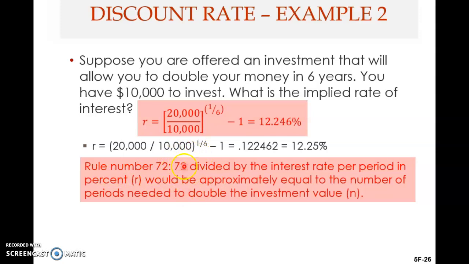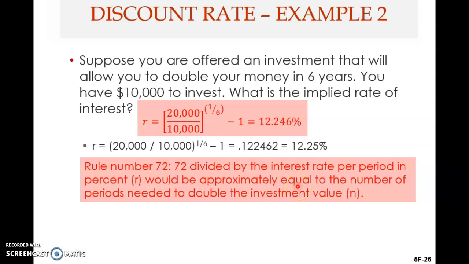You take 72, divided by the interest rate per period in percent. For example here, you want to find the interest rate, so you take the number of periods needed to double the investment value. The number of periods is 6 here, so 72 divided by 6, you will get 12, right?